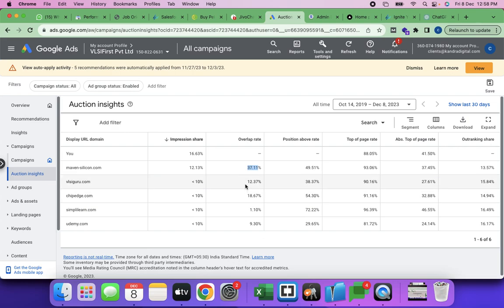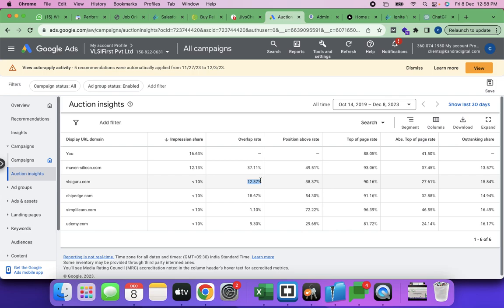VLSI Guru is just 1.37 percent, which is very less, right? And moreover, with VLSI, we have started not being that aggressive. We were actually aggressive, and people would have come to the competition level. This number is slightly up for various players because of the overlap rate.